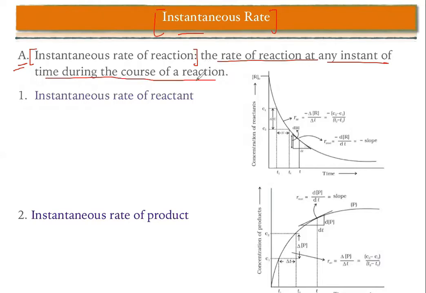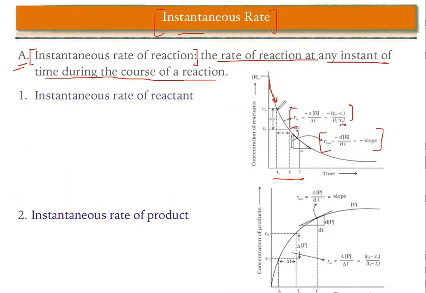So how can you understand the instantaneous rate of the reaction? You can see this graph, as we have discussed earlier, the concentration of the reactant is going to decrease, right? As time increases, there are two types of rate you can see. One is the average rate, another is the instantaneous rate. The average rate we have discussed, that is minus delta R by delta t, or minus (C2 minus C1) divided by (T2 minus T1).